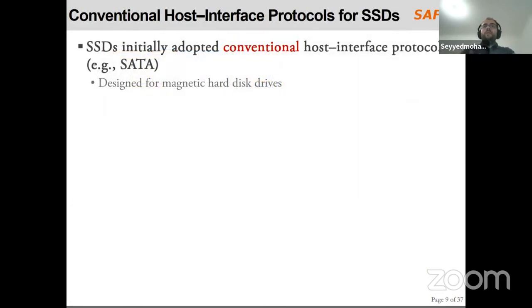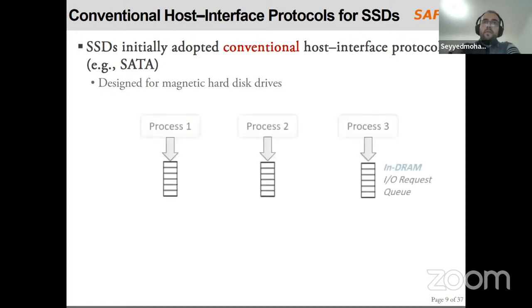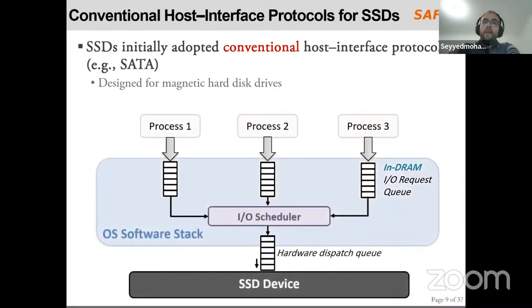So, the conventional host interface protocol for SSDs. SSDs initially adopted conventional host interface protocols, such as SATA, which is designed for magnetic hard disk drives. In SATA, when we have different processes, for each process we have an in-DRAM I/O request queue. In the OS software stack, there is an I/O scheduler that combines these I/O request queues into one queue and dispatches that queue to the SSD device.